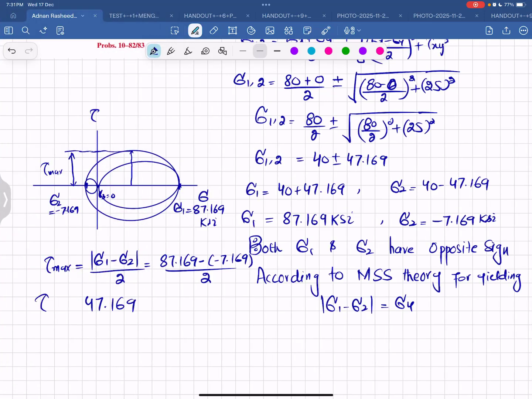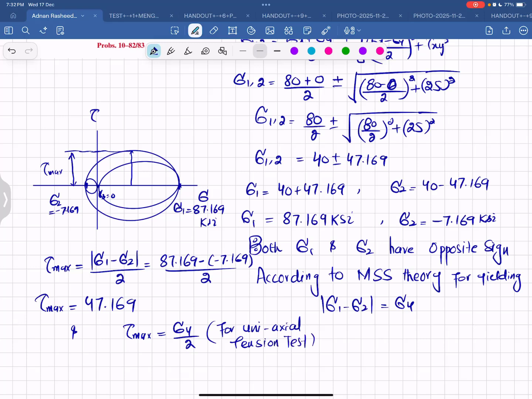This is the value of maximum shear stress due to loading. And we know that maximum shear stress is equal to sigma y divided by 2 for a uniaxial tension test.